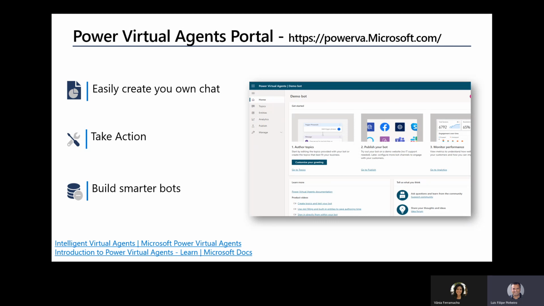With Power Virtual Agents, you can empower your team to easily create very powerful chatbots, using a guided, no-code graphical interface without the need for data scientists or developers. So the idea is really to empower your team and allow them to build chatbots themselves without the need for intermediaries, coding, or AI expertise.